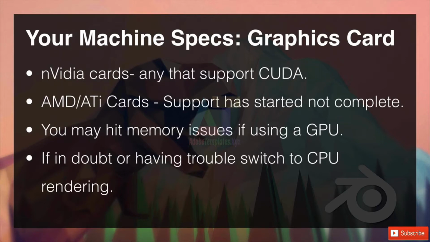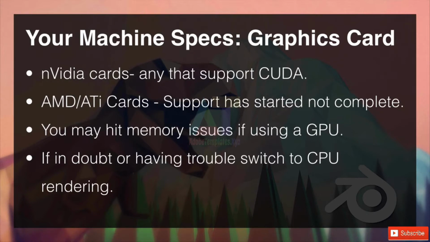So your machine specs again, but this time focus on the graphics card. So NVIDIA cards, any that support what they call CUDA, which any modern NVIDIA card is going to do. ATI AMD cards, the support has started in Blender 2.75, but it's not complete. And you may have memory issues if you're using a graphics card, a GPU.